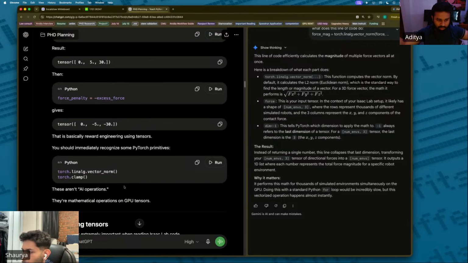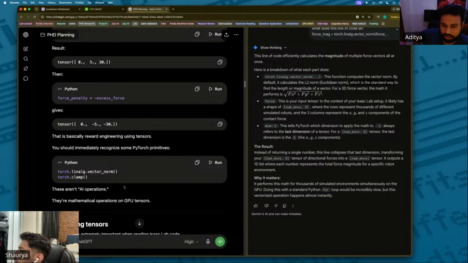Okay, what is torch.clamp? I don't know. Let's take a look. Force. This is your input tensor. Rows represent all environments, and the columns represent the x, y, and z components of the force. Clamp tells PyTorch to keep numbers inside a safe range, like a min and max function.